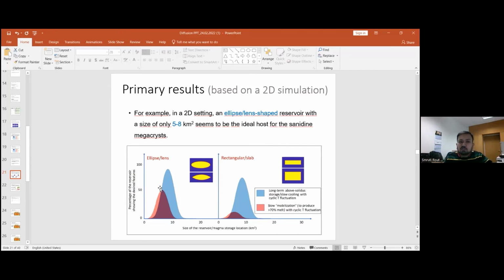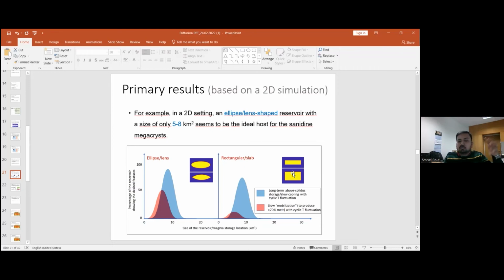So in case of an ellipse or a lens, we are able to observe that in a much bigger fraction of the reservoir than in case of a slab or a rectangle.